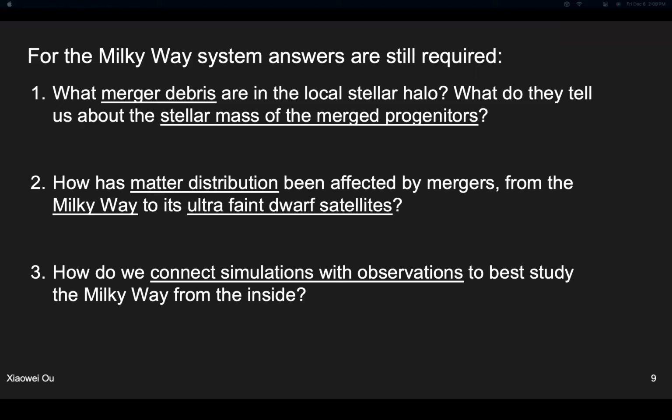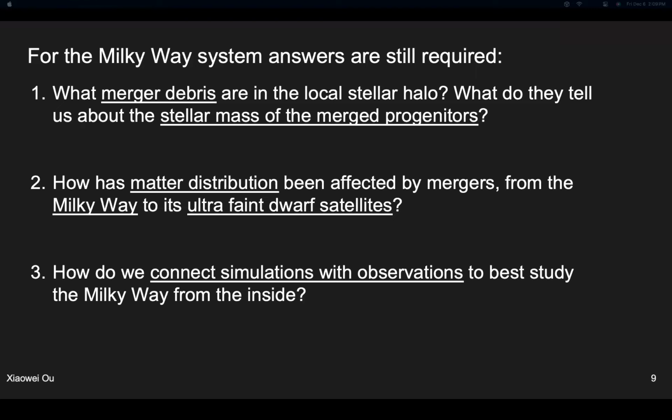For the second part, about how things have been affected currently by ongoing merger processes, we'll be looking at two extremes of the mass range: the Milky Way itself, and also the ultra-faint dwarf galaxies that are currently still intact but falling into the Milky Way potential. How have their mass distributions been affected by the infall, the merger process?